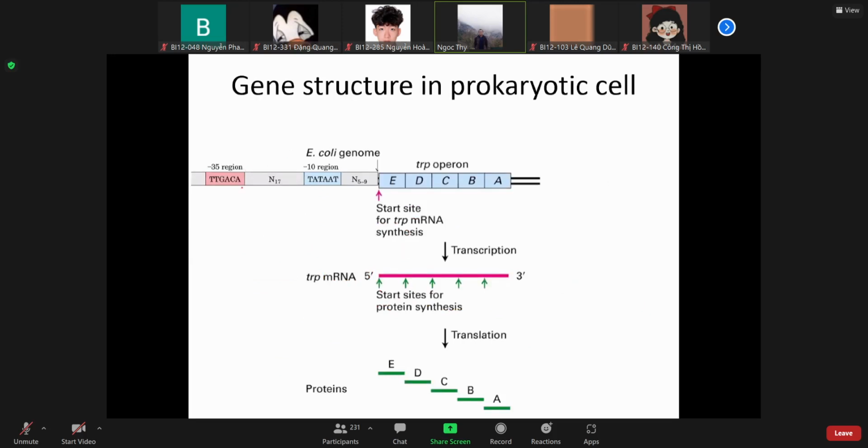Here you can see the promoter region, and this is position +1. +1 is also called the TSS, which stands for transcription starting site.